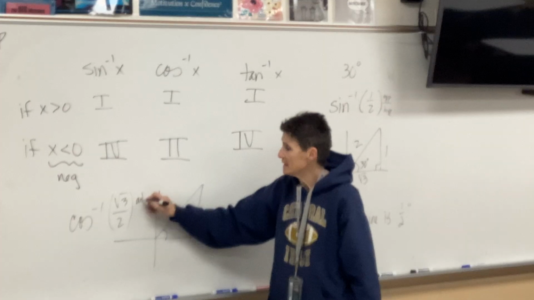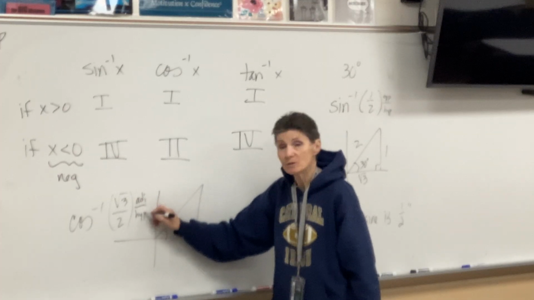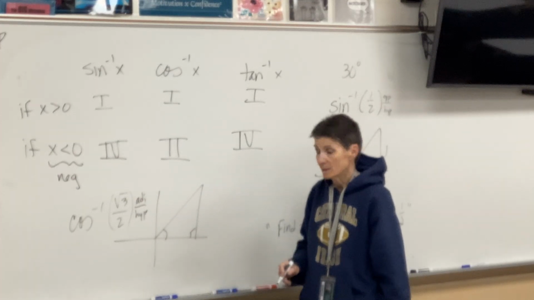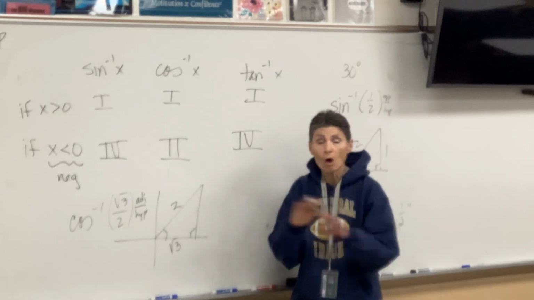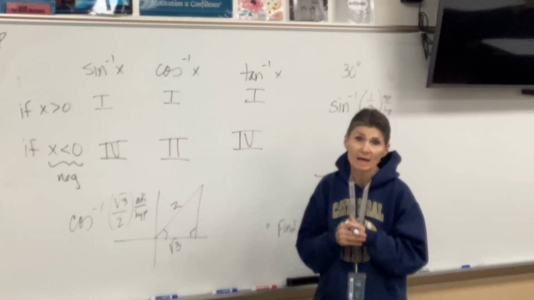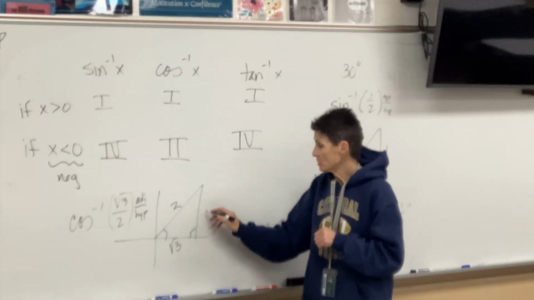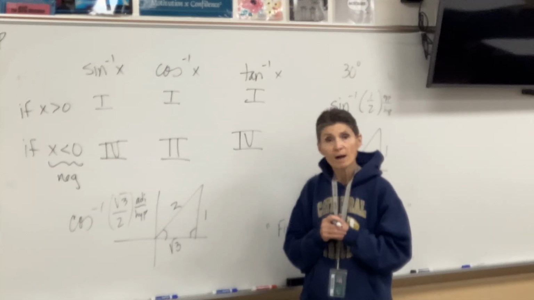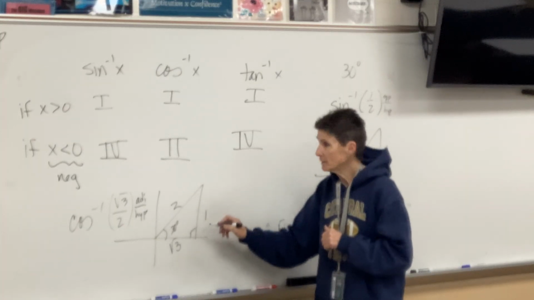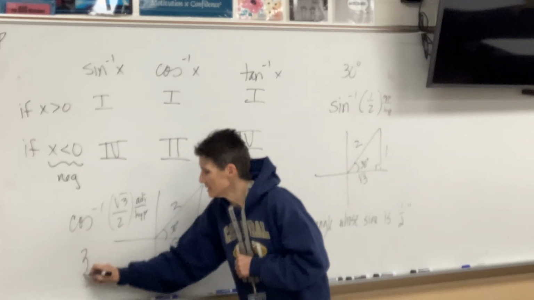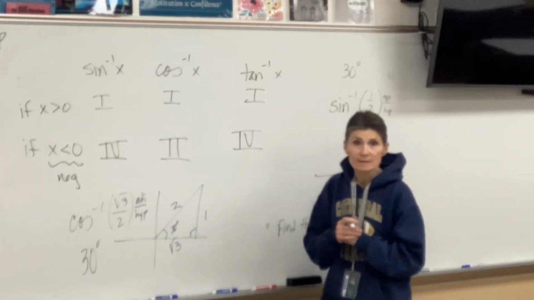Cosine is adjacent over hypotenuse. So √3 over 2. Again, it will always be special if you're doing it without a calculator. So this is a 1. Oh my. Isn't this a 30? Across from the 1. So the answer to this question is also 30 degrees.